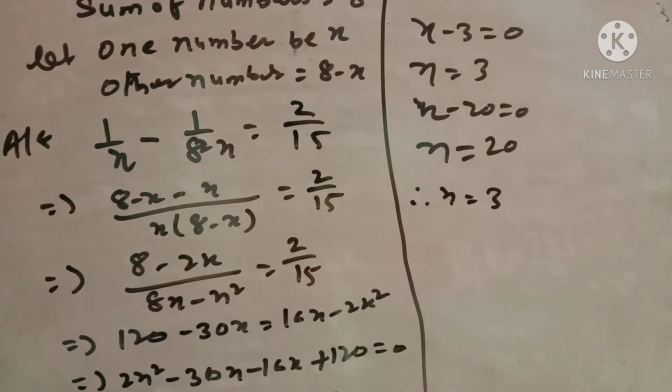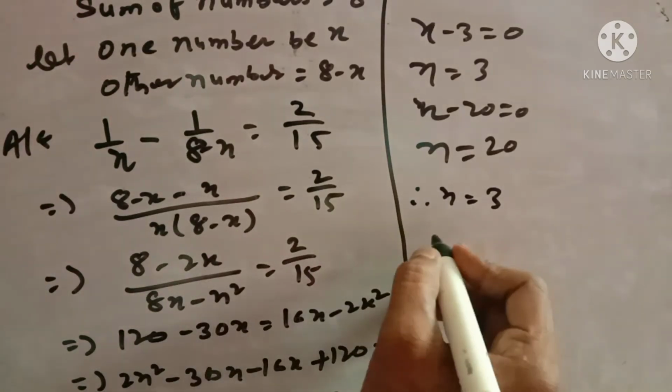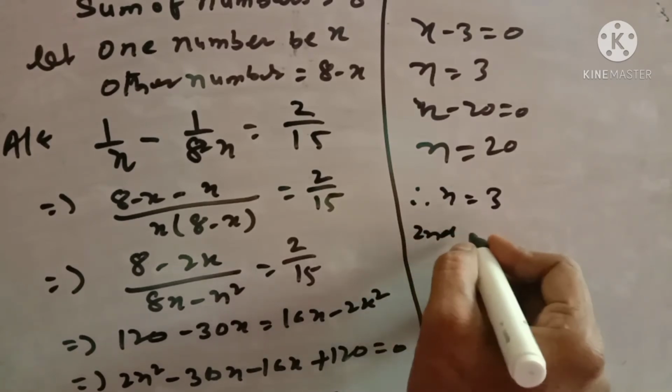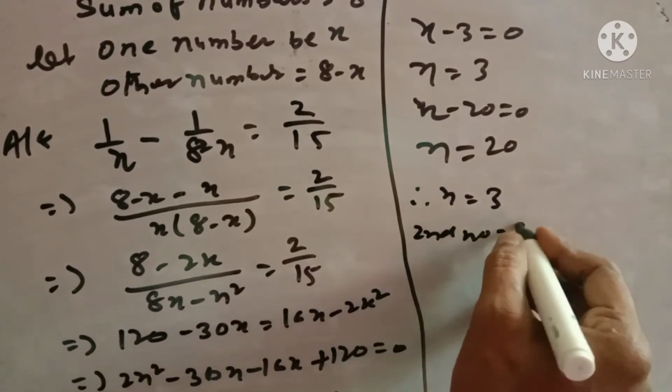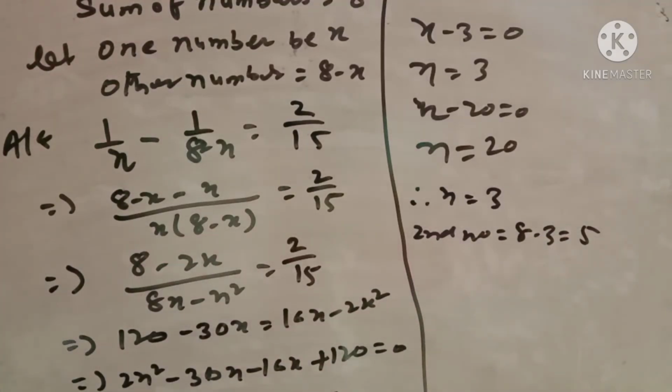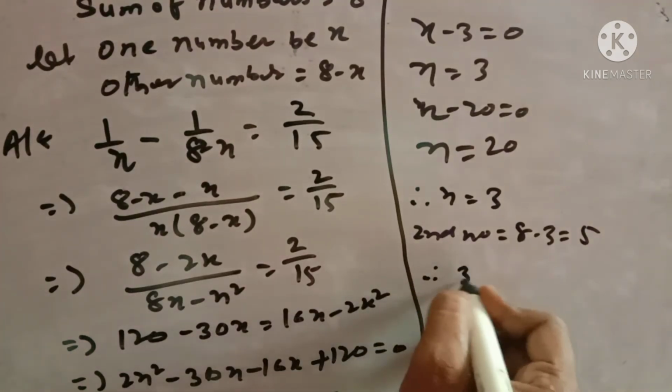That time the first number is 3, and the second number will be 8 minus 3, that is 5. Therefore the two numbers are 3 and 5.